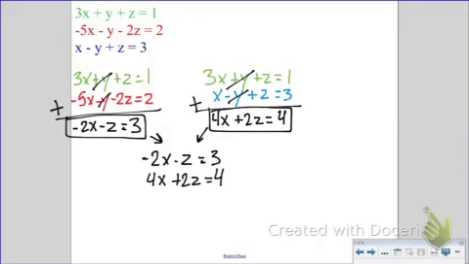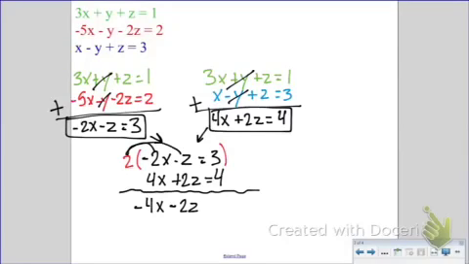Neither of these are matching up, so let's multiply the top one by 2 so that it will be a 2z for both z's. Alright, let's rewrite the system. Negative 4x minus 2z equals 6. There we go.